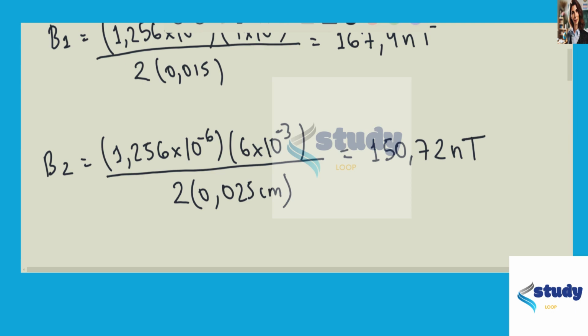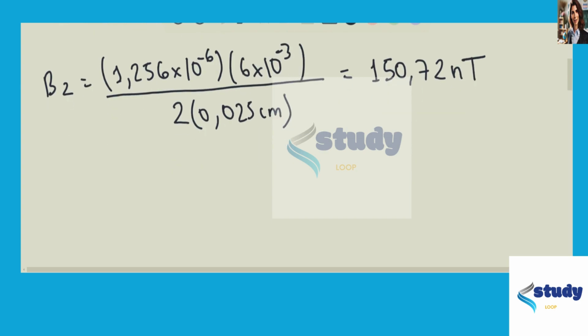So these are the two expressions. When we need to obtain the net magnetic field, we need to consider these as vectors, and when we sum these vectors, we obtain a formula from which we can get the angle between these two vectors.